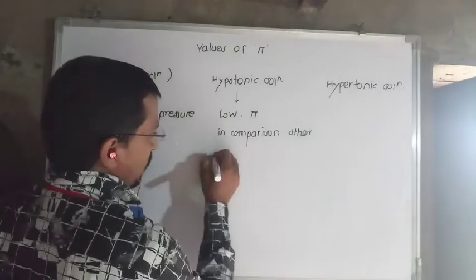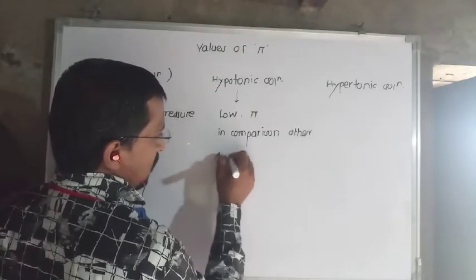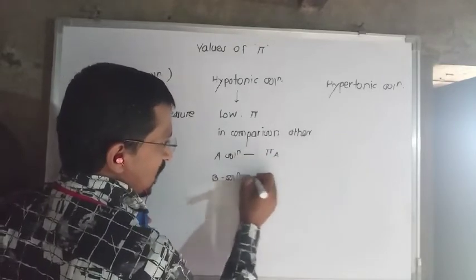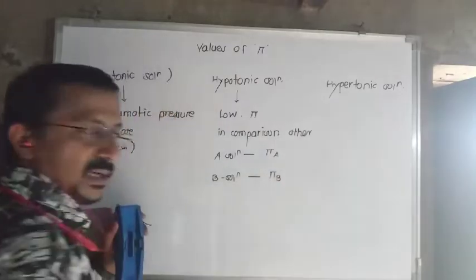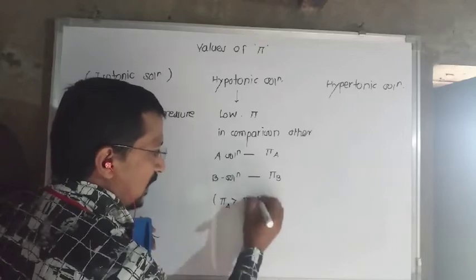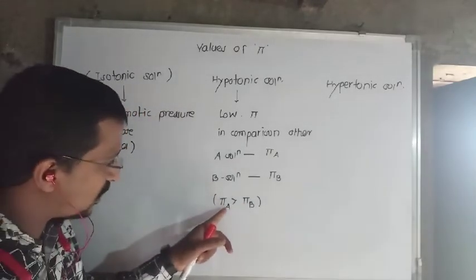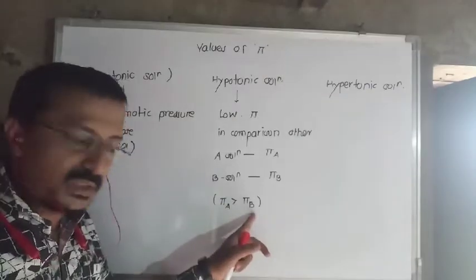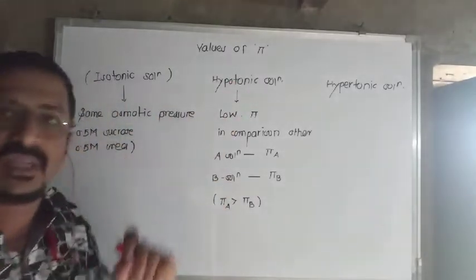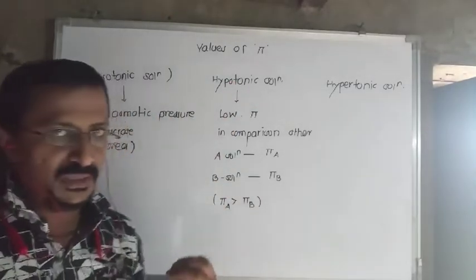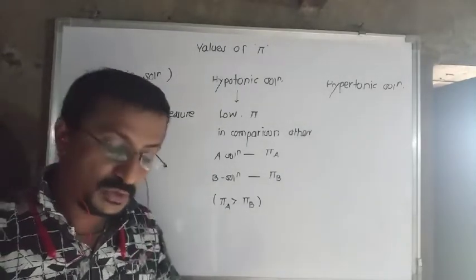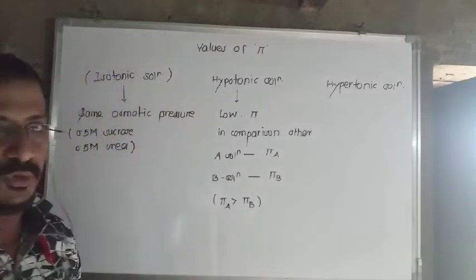If I consider an example, suppose A solution has osmotic pressure pi A, and B solution has osmotic pressure pi B, and pi A is greater than pi B, meaning the osmotic pressure of A solution is more as compared with B. Therefore B solution, which has osmotic pressure pi B, is hypotonic with respect to A. Isn't it? So if the osmotic pressure value is low in comparison with another solution, we call it a hypotonic solution, isn't it?